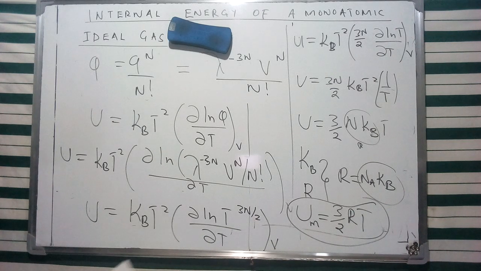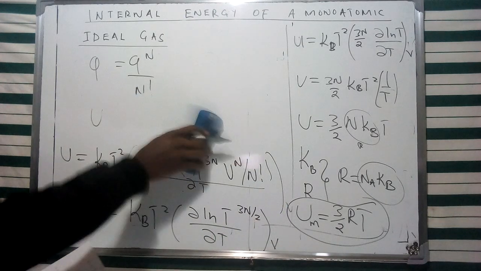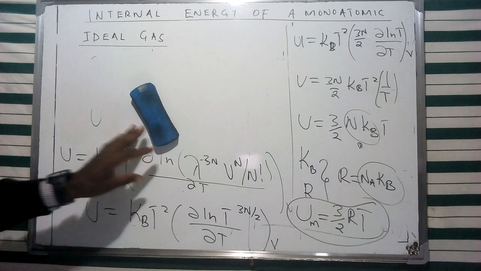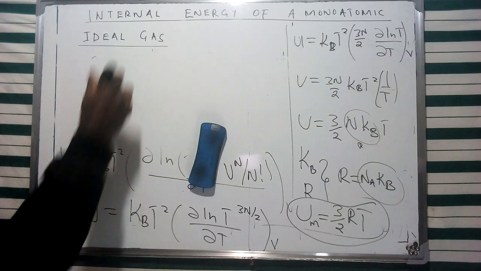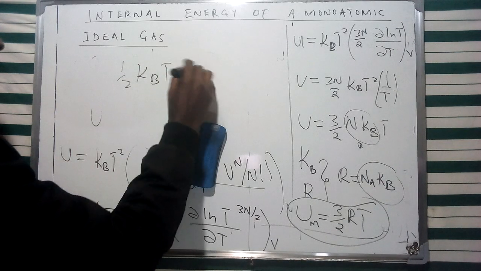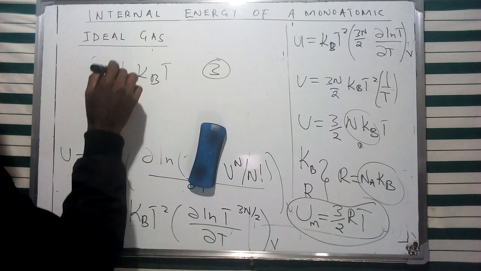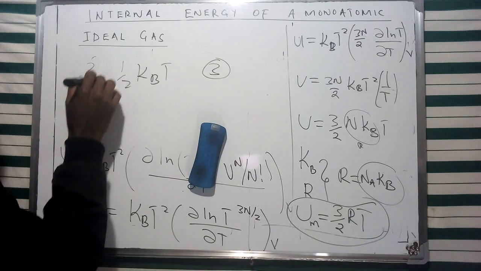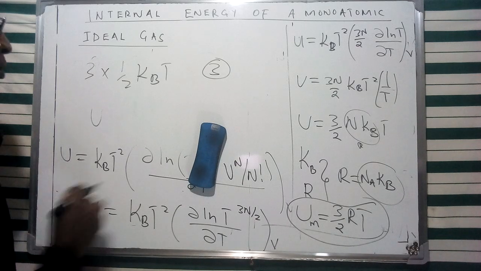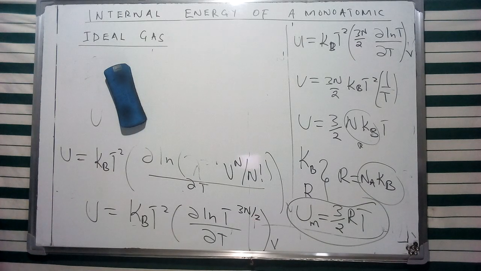The equipartition theorem states that every degree of freedom should have an energy of a half kB T. So for three degrees of freedom, we have 3 components, which agrees with 3 over 2 kB T, in agreement with the equipartition theorem.